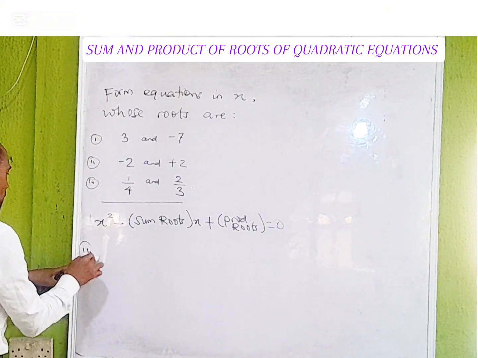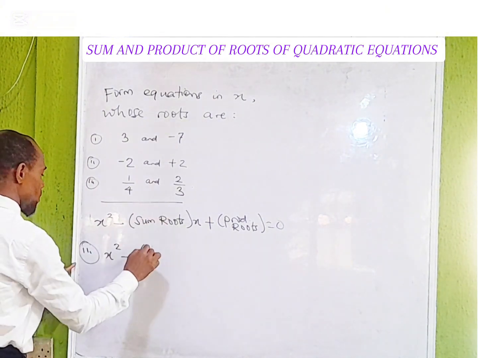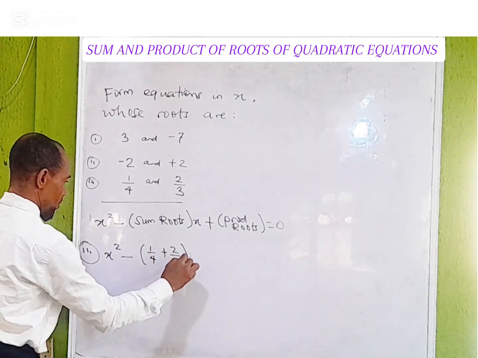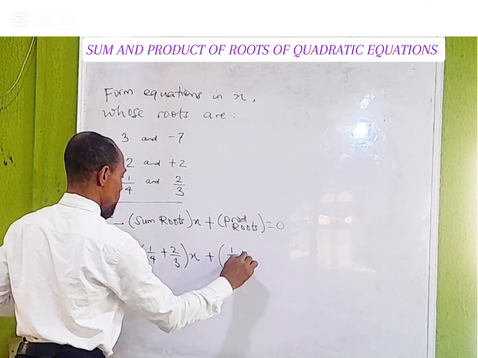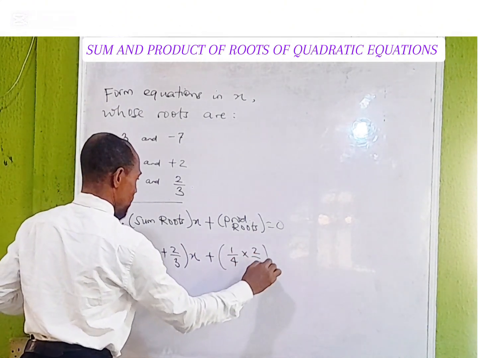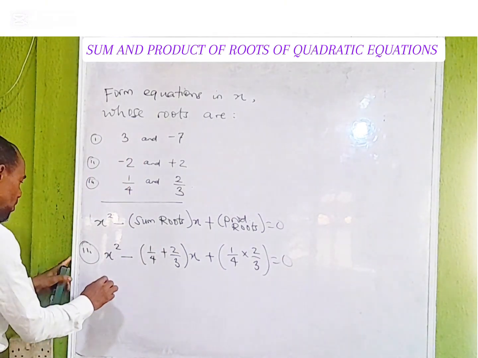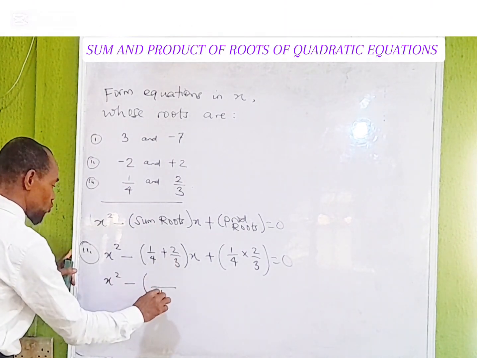Then lastly, we've got the fractions. So here we have the same approach, x squared minus the sum of the roots, 1 over 4 plus 2 over 3, x, then plus their product, 1 over 4 times 2 over 3 equals 0. No difference whatsoever. So we go x squared minus the sum of this. We have the LCM being 12.